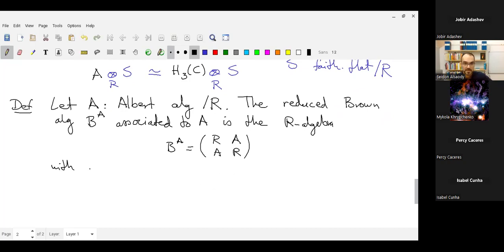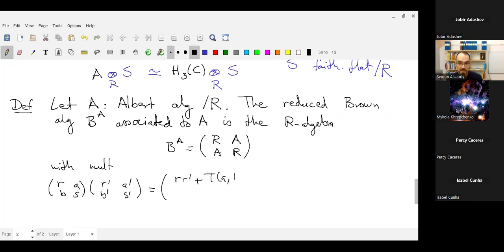And this is an algebra, so it has a multiplication. The multiplication of (r, a, b, s) times (r', a', b', s') is given by some formula using the trace of the Albert algebra, the cross product of the Albert algebra, and that's it.